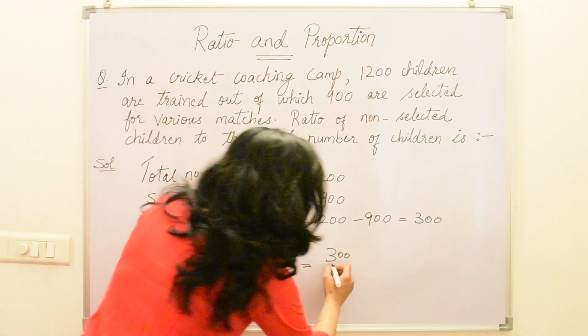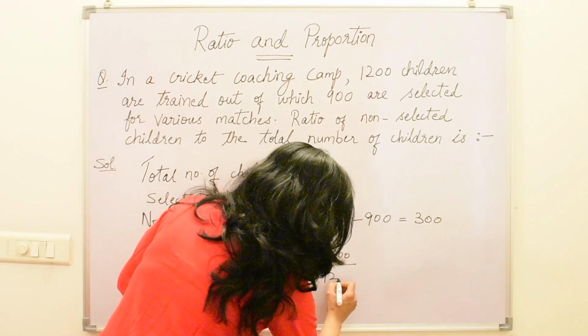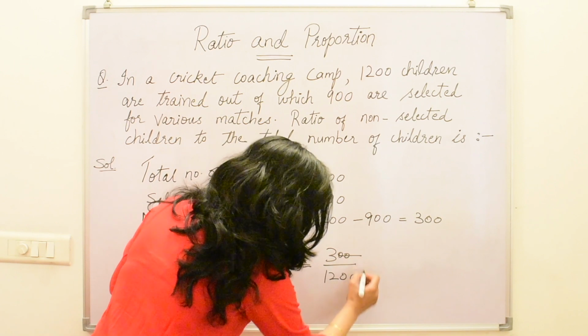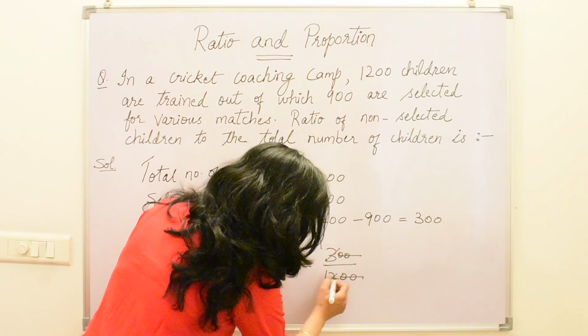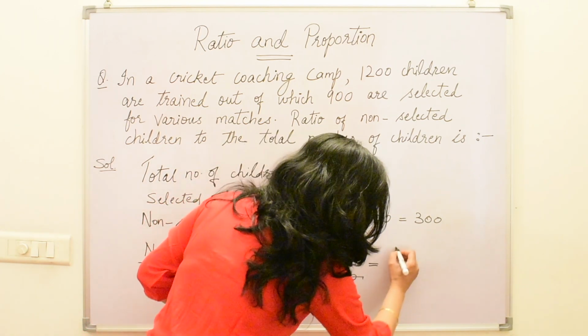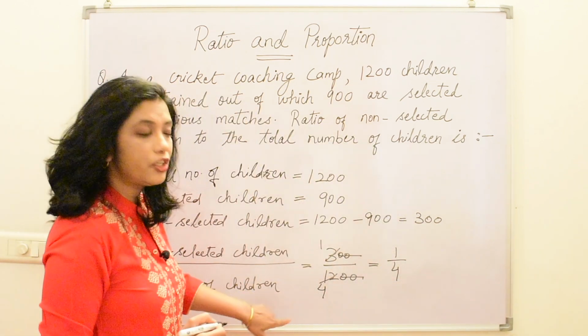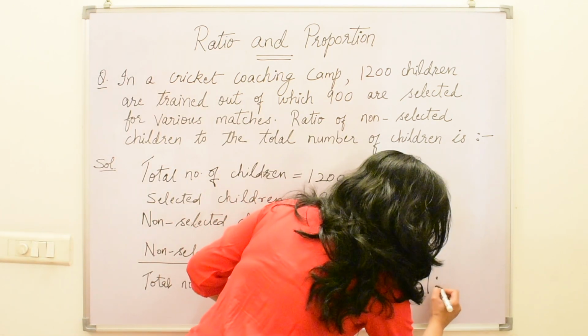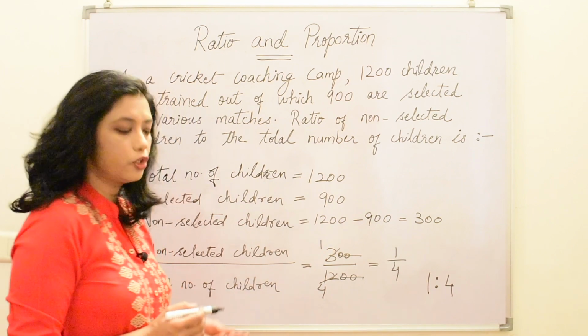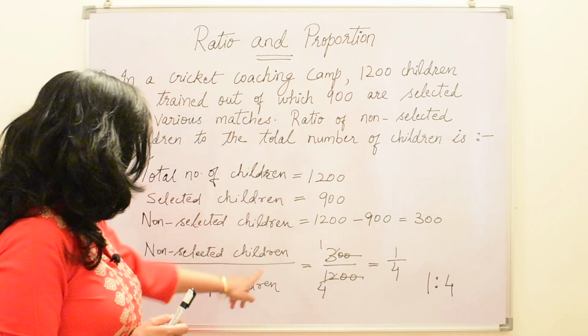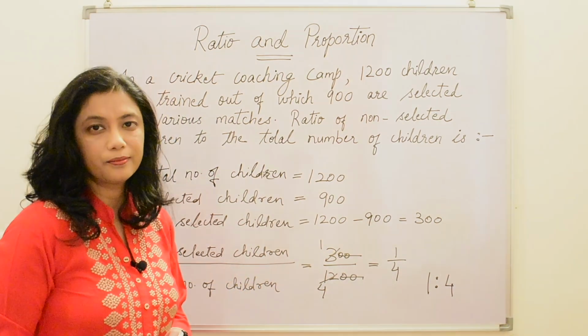Total number of children are 1200. Cut the zeros. 3 ones are 3, 3 fours are 12. So we get 1:4. 1:4 is the ratio of the non-selected children to the total number of children.